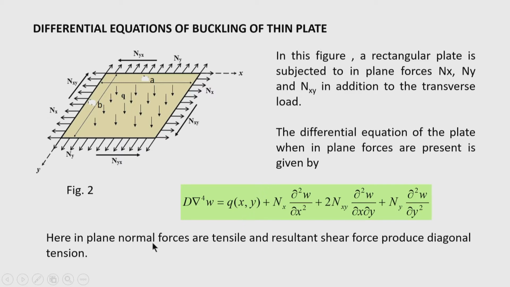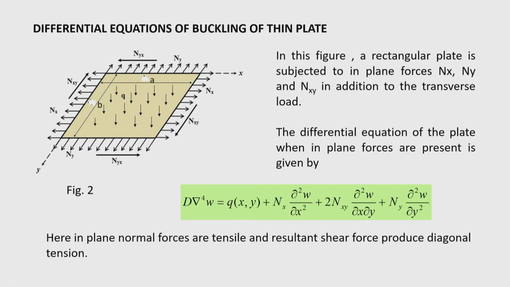Now, here the in-plane normal forces are tensile, therefore we get this equation, and resultant shear force produces diagonal tension. But in case of buckling, compression has to be there. So, therefore, we reverse the sign of in-plane forces, and we get the equation of buckling provided the transverse load is taken as 0.